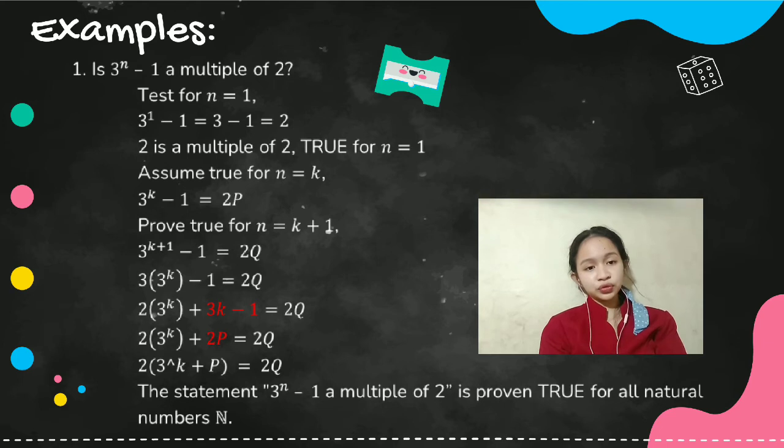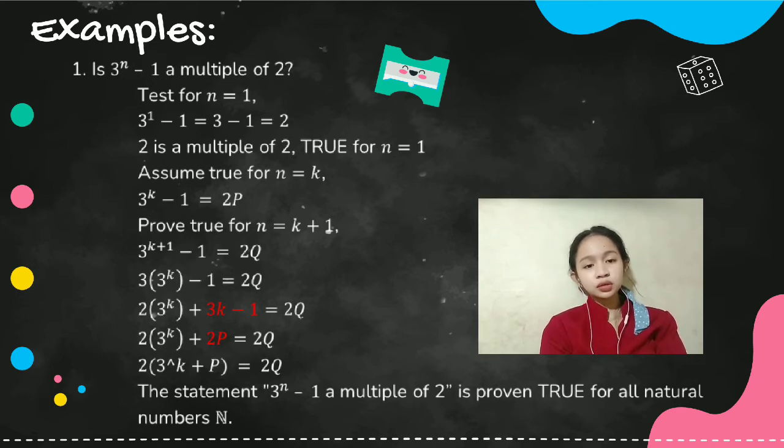So, prove true for n equals k plus 1: 3 raised to k plus 1 minus 1 equals 2q. 3 quantity of 3 raised to k minus 1 equals 2q. 2 quantity of 3 raised to k plus 3 raised to k minus 1 equals 2q. 2 quantity of 3 raised to k plus 2p equals 2q.